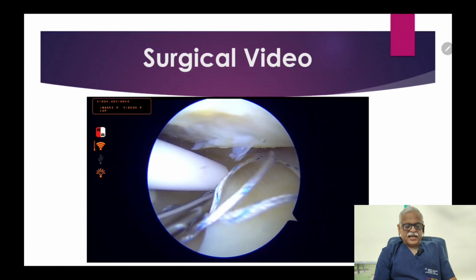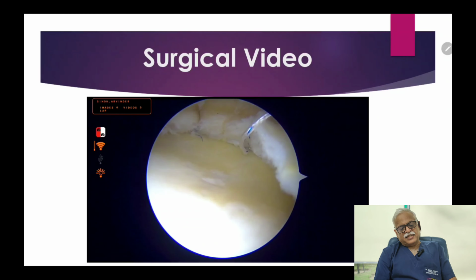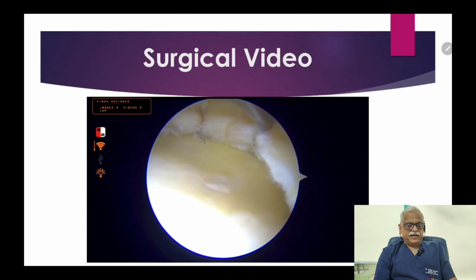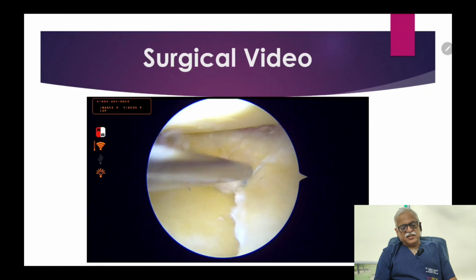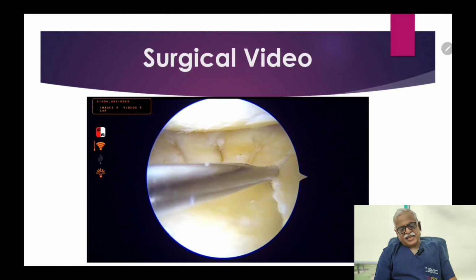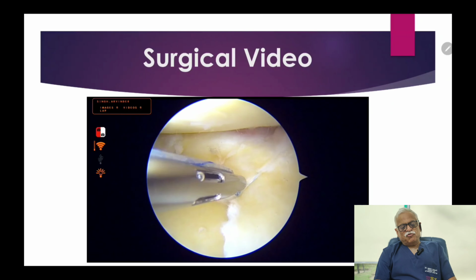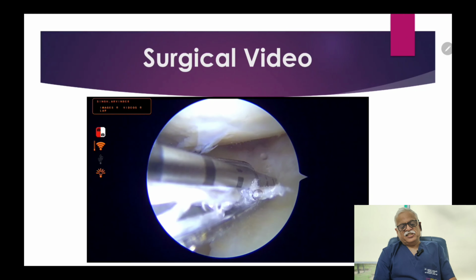Many times this probe is used to guide the anchor below the meniscus, as you can see, and again good circumferential compression. These anchors must be placed at a distance of 4 to 5 millimeters in order to achieve robust compression.